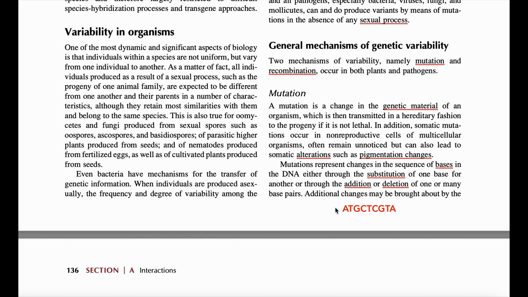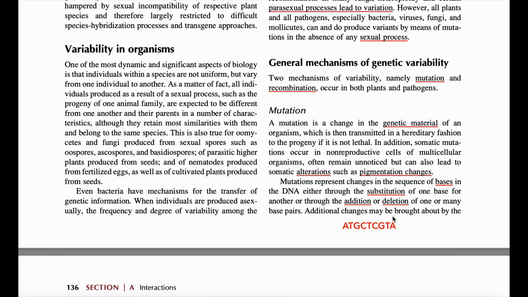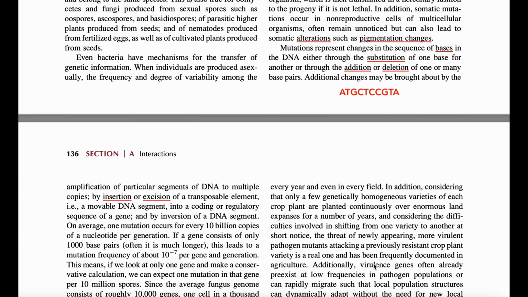These are the bases of a DNA, right? If any of the bases get exchanged or added or deleted, we have a totally new segment of DNA. If this segment of DNA was coding for a black hair color, and we add or delete something in between, the trait will get changed, and maybe we get a golden yellow hair color. That is it.